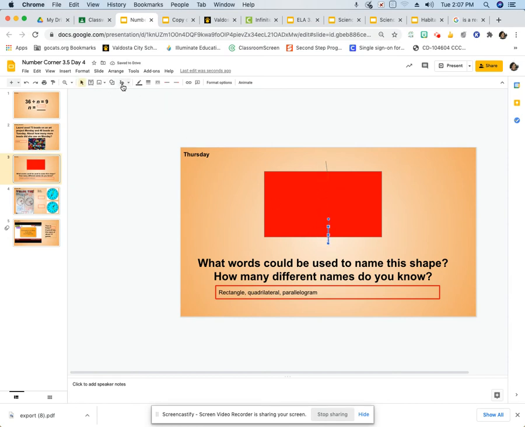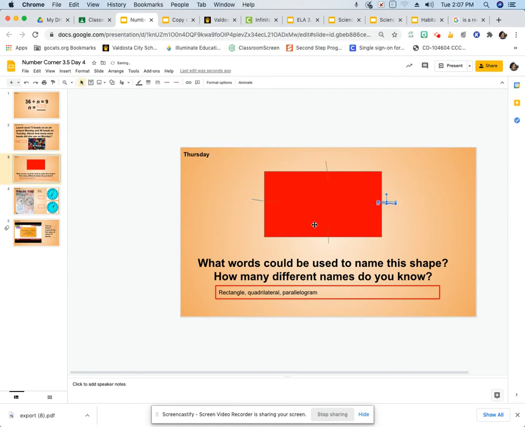And then we have this side and this side, which are parallel.